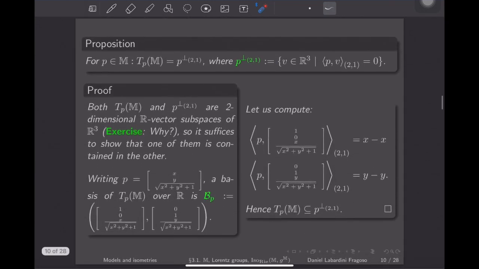But as I said, I'm going to really introduce it as a Riemannian manifold. So let me say very quickly what I mean. Now I have the hyperboloid, and in R3, for each point of the hyperboloid, I have its tangent plane, the plane tangent to the hyperboloid at the given point.